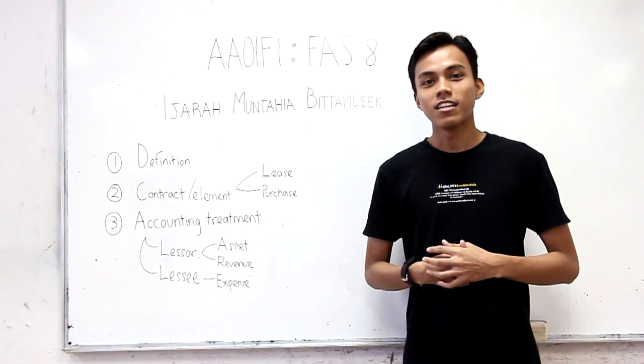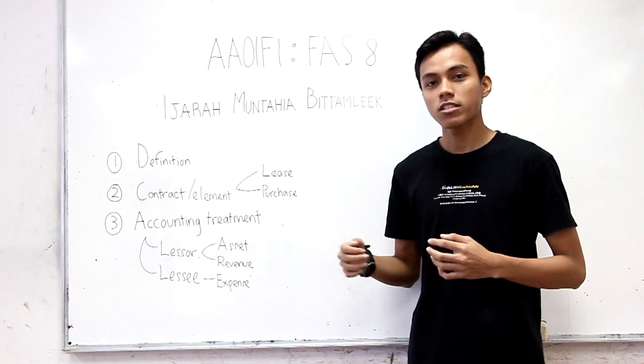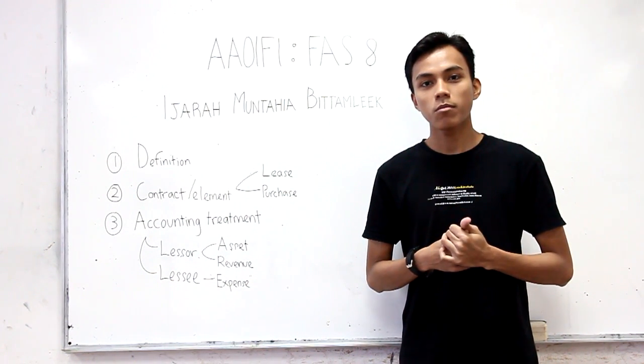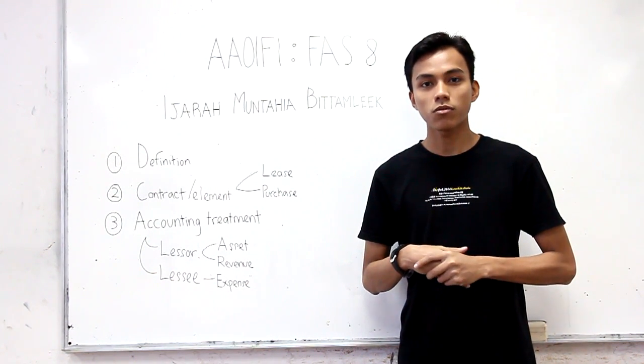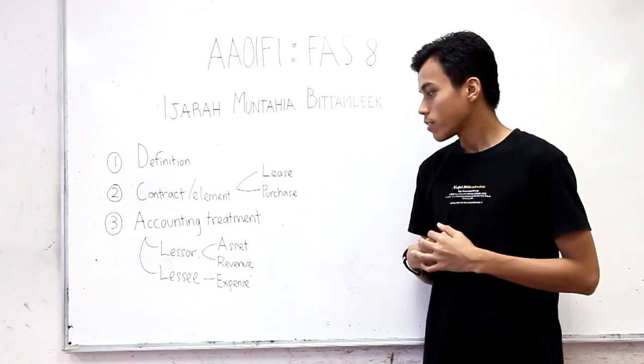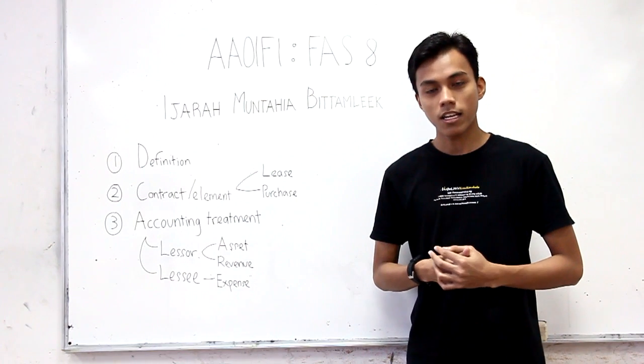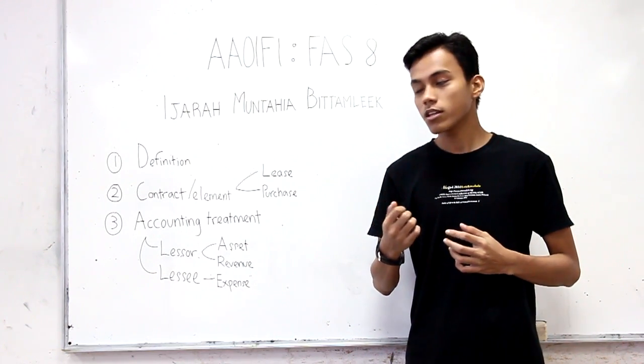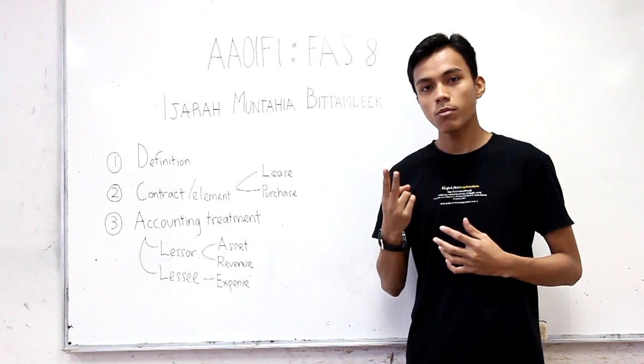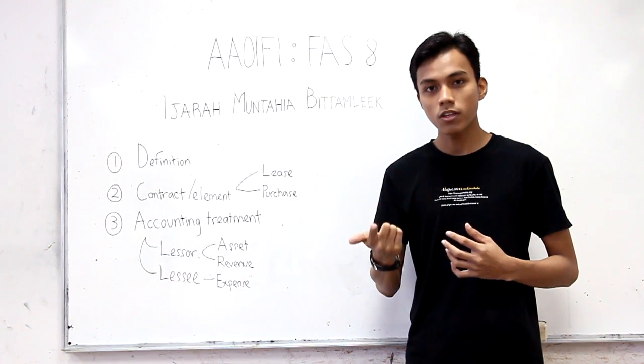Now, we look at how Ijarah Muntahiah Bil-Tamleek is treated under accounting treatment. So we have two parties. First, lessor. Second, lessee. Under the lessor's books, we have two elements, which are asset and also revenue.